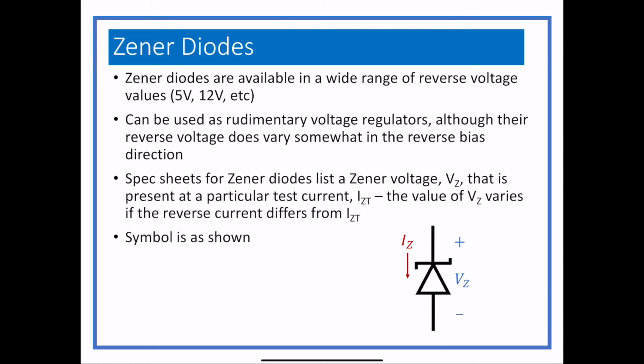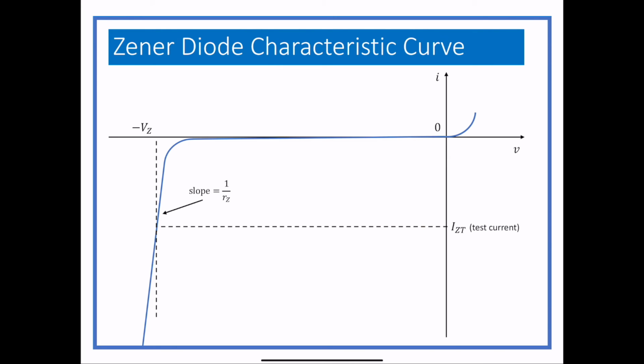You'll notice that the Zener voltage is reverse biased and the current is actually going through the diode in the reverse direction. If we look at the characteristic curve in the reverse direction, you'll notice that the Zener voltage is determined at a point kind of down the slope a little bit from where it actually has the knee, and the test current is what determines that.